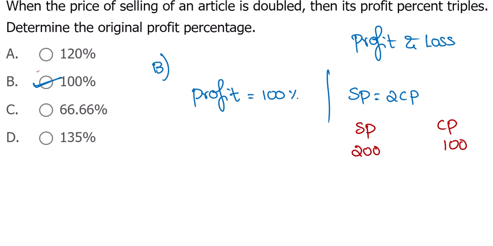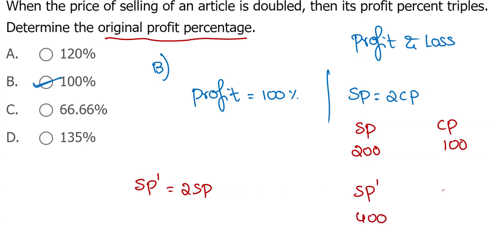Initially, the original profit percentage we are taking is 100. Now they have given in the question the selling price is doubled, which means 400. When selling price is 400, cost price is 100, profit is 300, which means 300% is tripled.